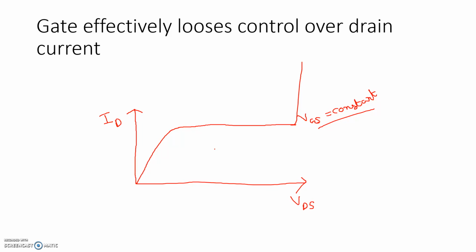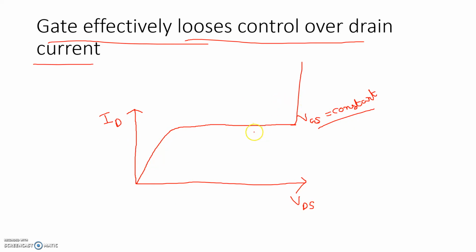For this NMOS, until you apply a positive potential in the gate more than the threshold voltage, there is no question of current, if you don't consider subthreshold conduction. So the gate is the controller, but here, after breakdown, the gate effectively loses control over the drain current. This is very important. Although the gate is the controller, as breakdown occurs, the gate cannot control and the current increases uncontrollably. So for constant VGS, with VDS increasing continuously, the ID versus VDS graph will look like this.